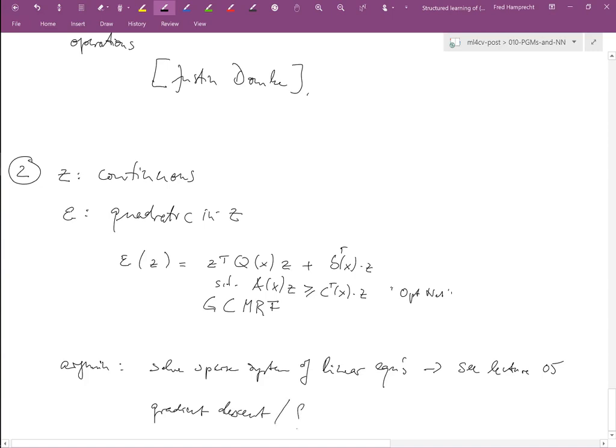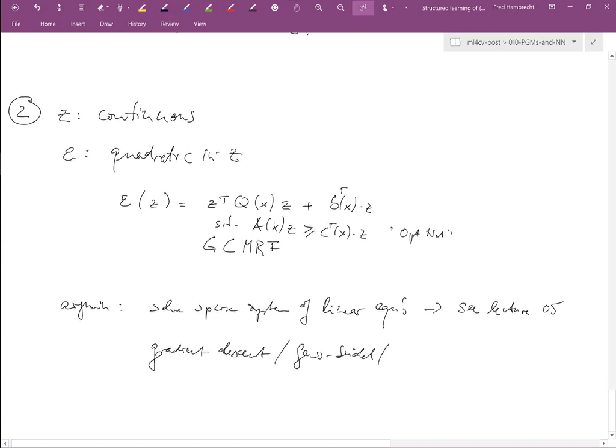Or if you prefer, we could do Gauss-Seidel iterations here. Or this is a form of Gaussian belief propagation. In which case, we again get a simple iterative algorithm, and we can unroll this into a neural network as we've done earlier today.